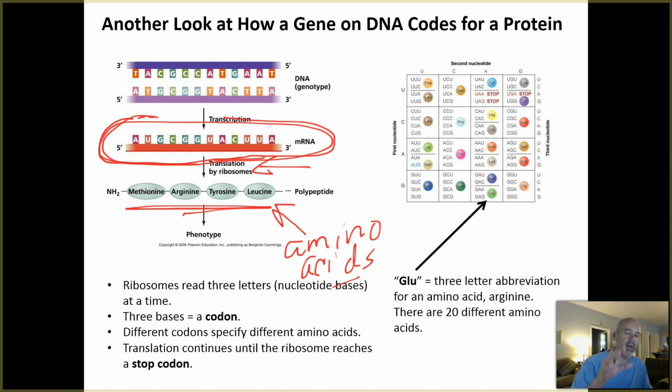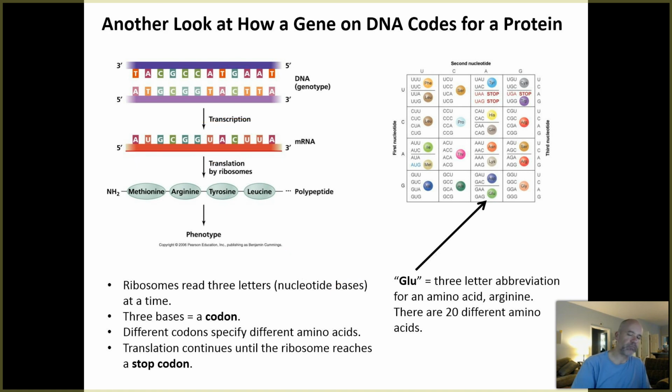Well, as it turns out, what the ribosome does is it looks at the A's and the U's and the G's and the C's in sets of 3. Okay? So like right here, when a ribosome sees AUG, it will always insert, I know you guys can't really see this table probably very well, but this is called a codon table.